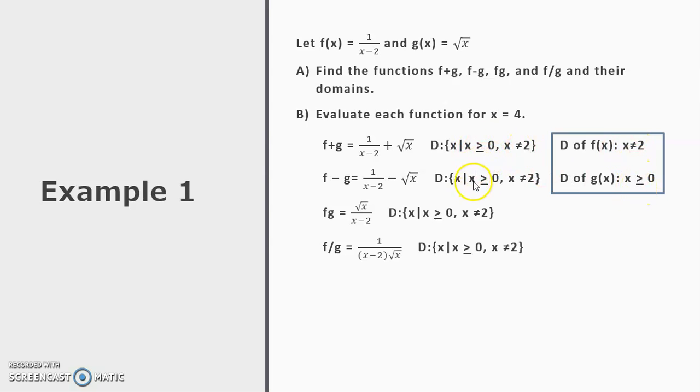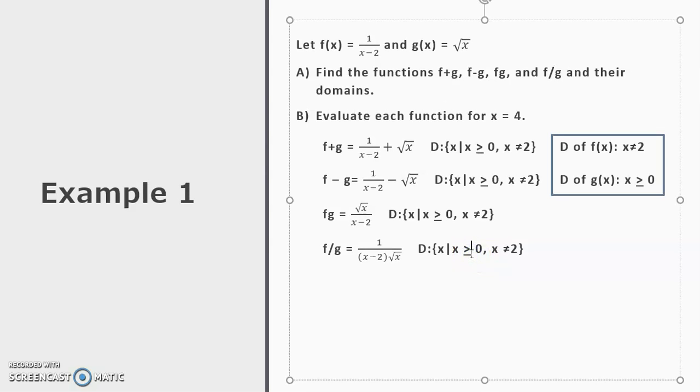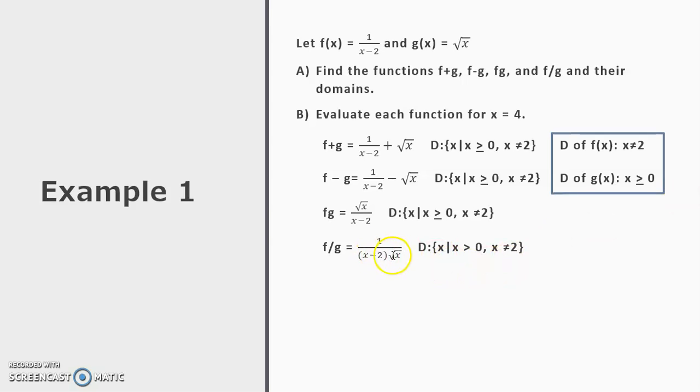So I get this, and this, and this. But I need to be careful with f divided by g. Notice, I should have fixed this. This cannot be equal. It shouldn't be underlined, because that will make this square root equal to 0, and then I will have a 0 in the denominator. So I have to be very careful about that. So I have to take out the thing that will make the denominator 0.